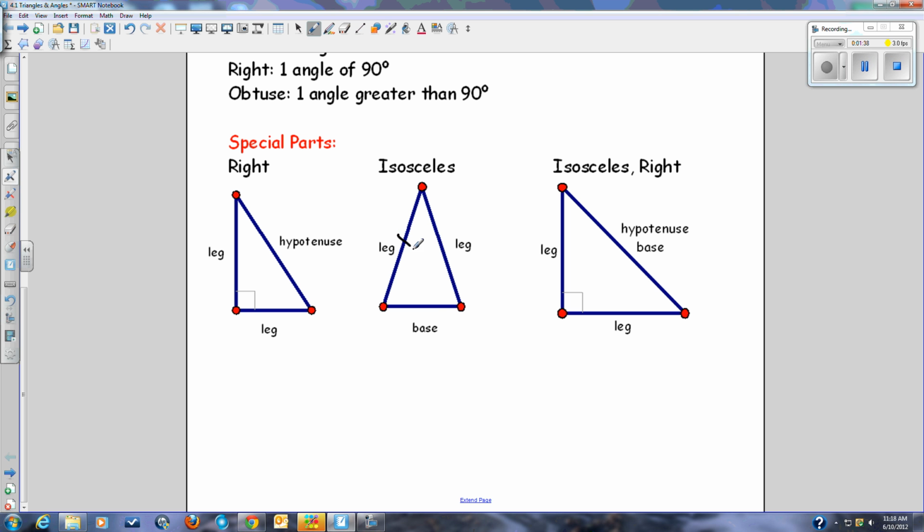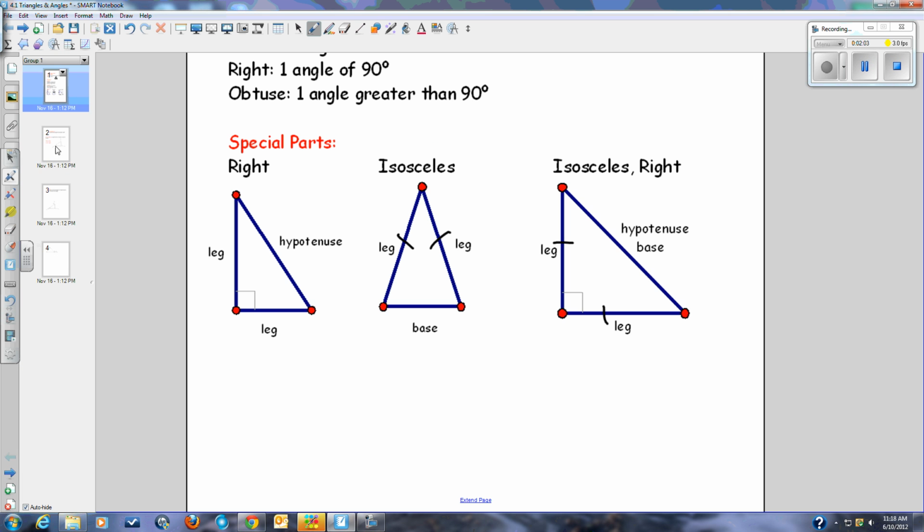So you could even make these marks like so right here. An isosceles right triangle looks like this. The longest side, of course, is the hypotenuse, but it's also the base. And it is the 2 other sides, the legs, that are equal.